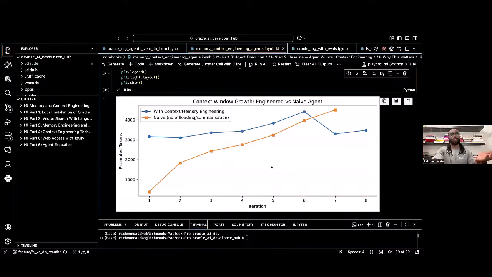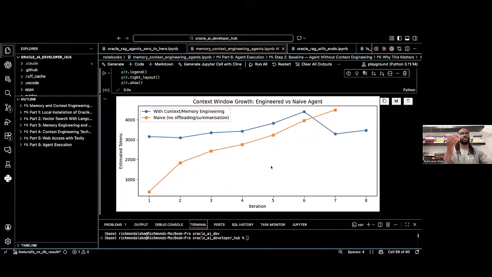Why am I showing you this? Because this matters. If you build an agent without any context engineering or memory engineering techniques, your agent is just going to keep putting more content in its context window at each iteration.